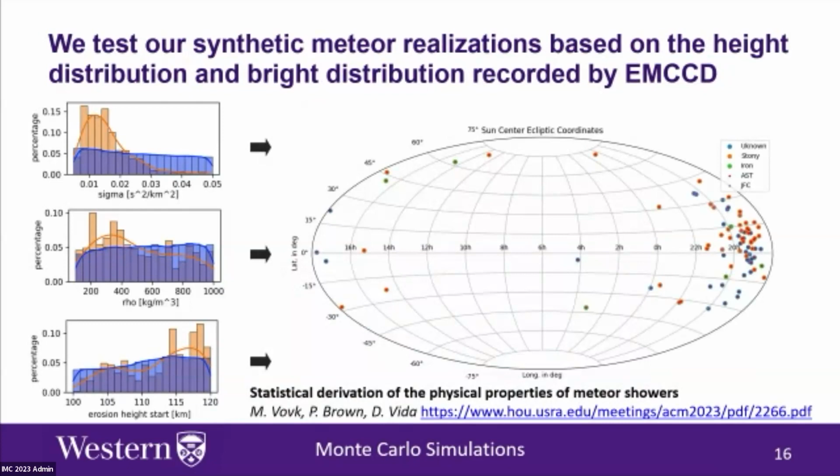I'm currently working on some principal components analysis. It's something that I discuss further in the statistical derivation of physical properties of meteor showers, which is a presentation that I gave at ACM 2023. And this is what I'm going to use to create some sort of automatic way to define these ranges. So in case you are more interested in that, you can have a look at that link.